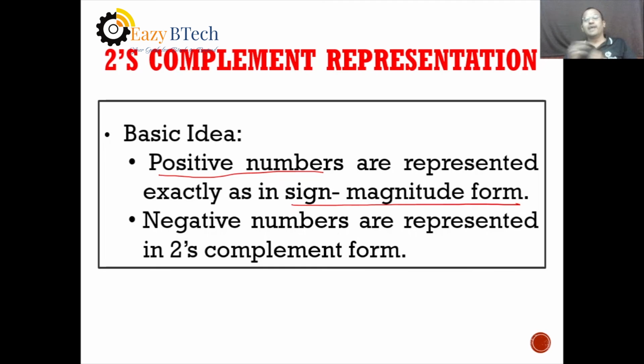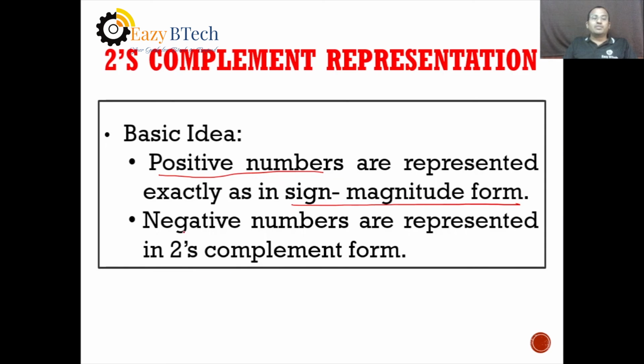Only the negative numbers are represented differently in signed magnitude, one's complement and two's complement. Positive numbers have the same representation in all three representations. That is the important point that we should remember.